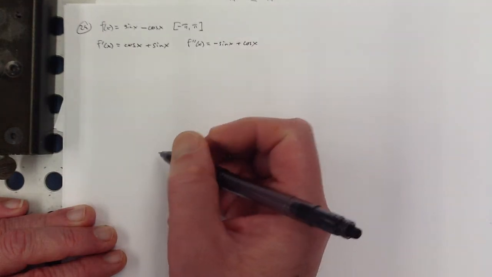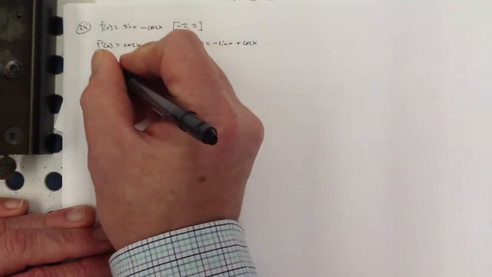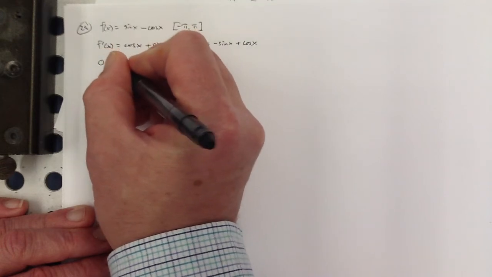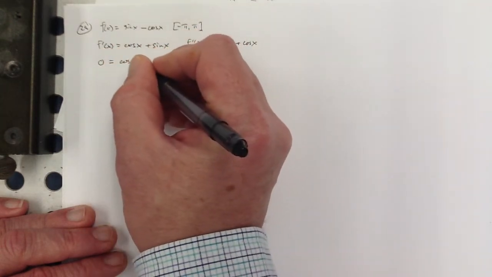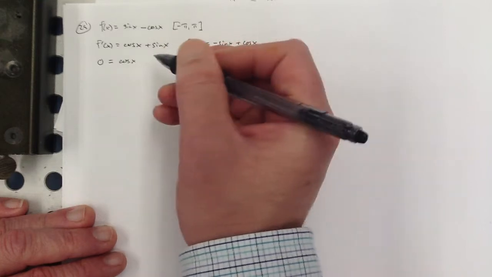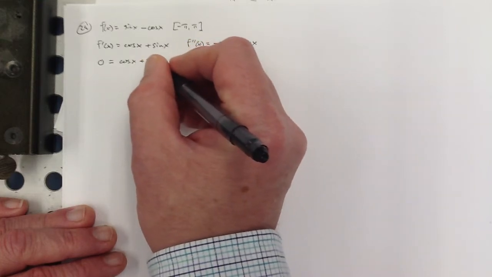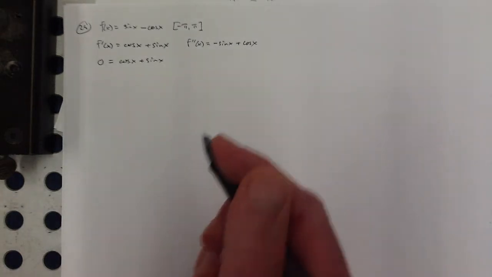So where are these things equal to 0? Let's see if we can do that. Actually have to do some trigonometry here. Now there's a lot of ways that you can do this. Two suggestions.